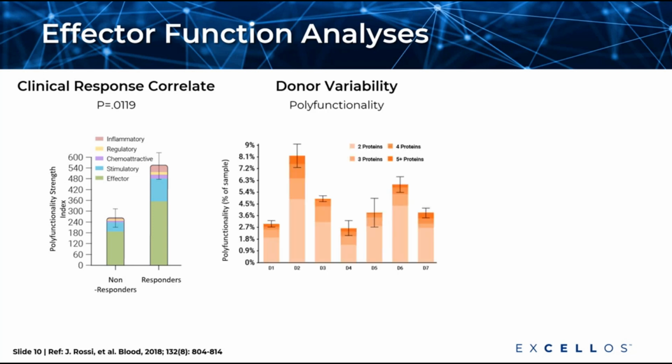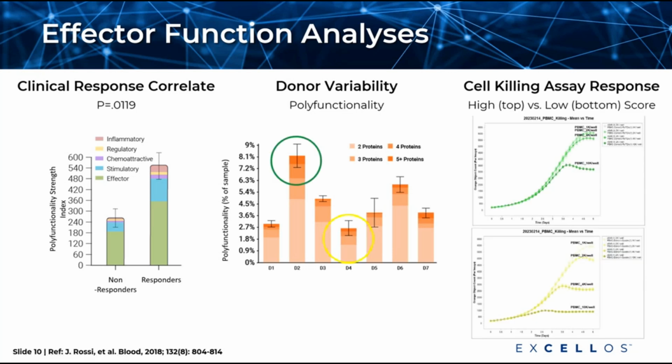So in our hands, in addition to this Accelix, we're actually performing this donor variability assessment for polyfunctionality. And you can see that across 7 donations, we have a range of different polyfunctionality scores. What this means, at least in terms of potency, we don't quite yet have clinical data, but potency is an important quality control aspect.